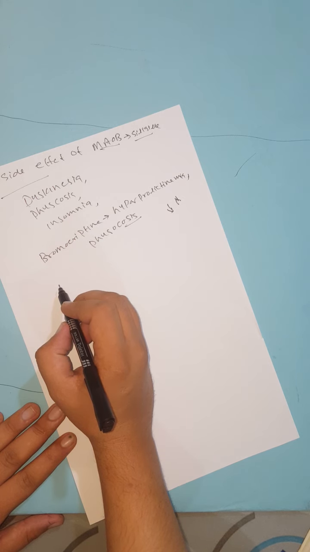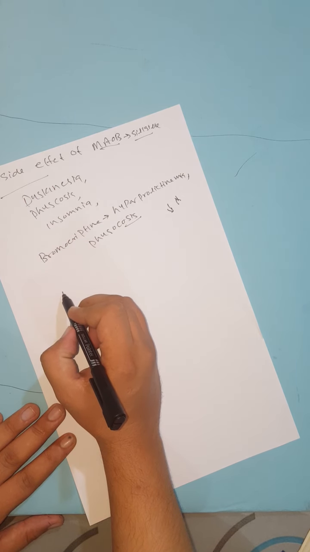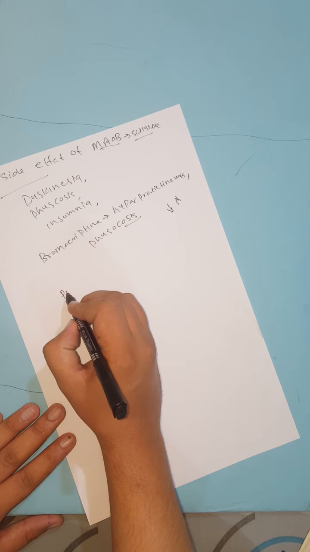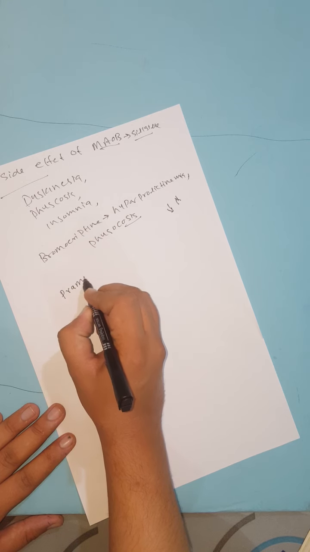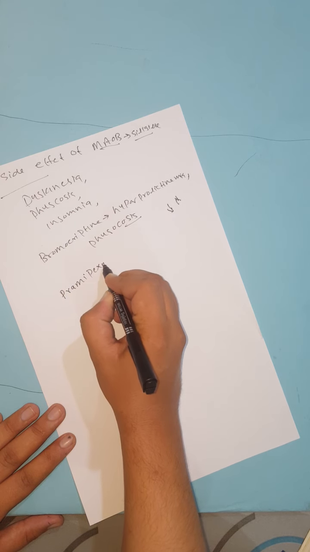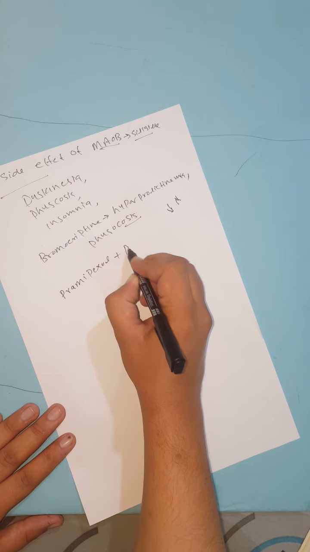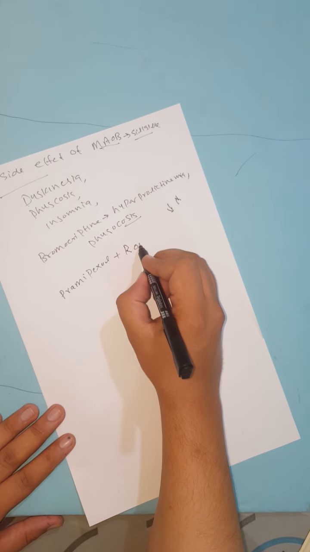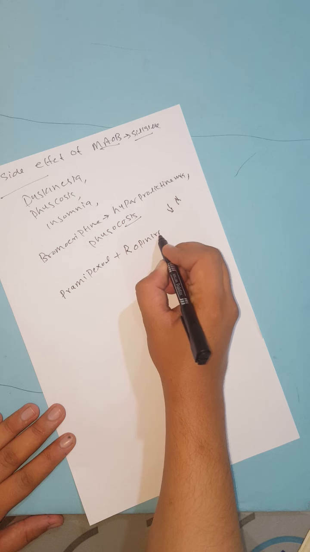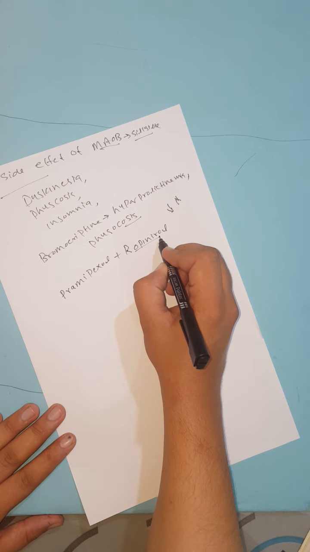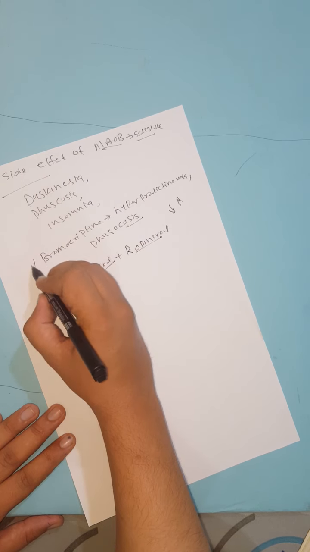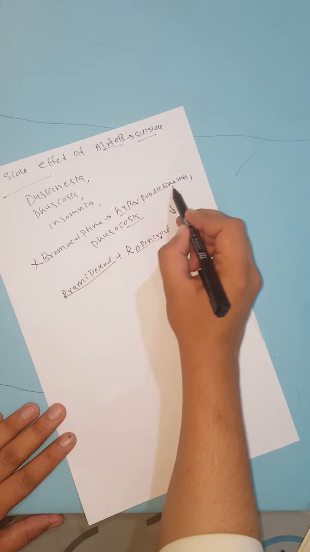Other examples of dopamine receptor agonists are pramipexole and ropinirole. These are used, while bromocriptine is nowadays not used for Parkinson disease. Bromocriptine is mainly used for hyperprolactinemia.